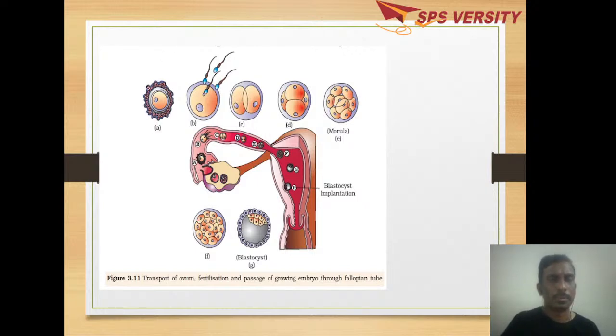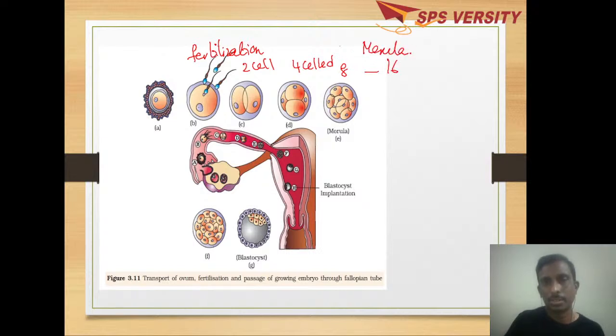This is the secondary oocyte. This is fertilization. After fertilization we get a one-cell zygote. Here you can see the 2 cell stage, this is the 4 cell stage, this is the 8 cell stage, and next the 16 cell stage. The 8 to 16 cell stage is called morula.